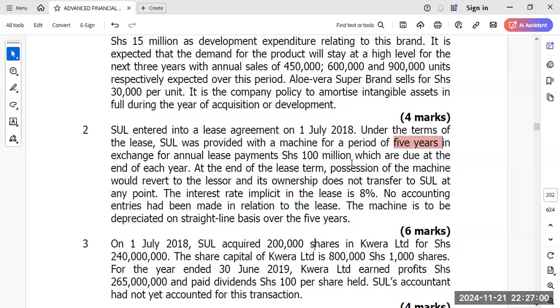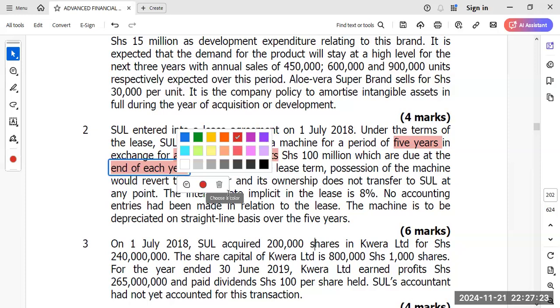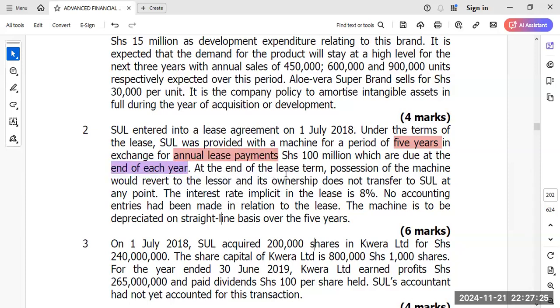It's not your machine. In exchange for annual lease payments of 100 million, which are due at the end of each year. This is very key.